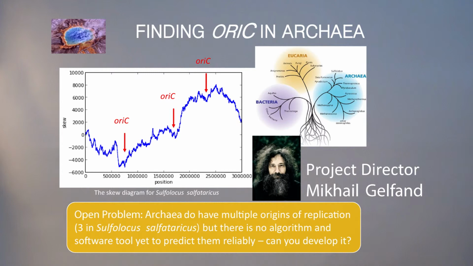It is known that in archaea there are multiple origins of replication. In this skew diagram, for example, these origins of replication have been confirmed. However, there is still no algorithm and no software tool that would allow one to predict how many origins of replication are in archaea and where they are located. So this will be our second research project.